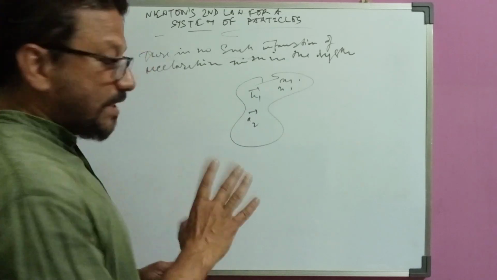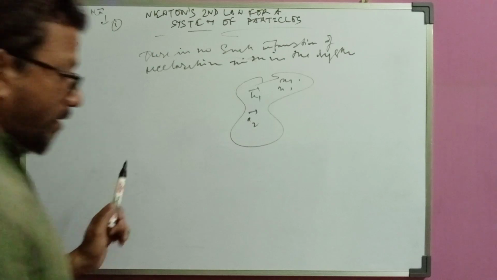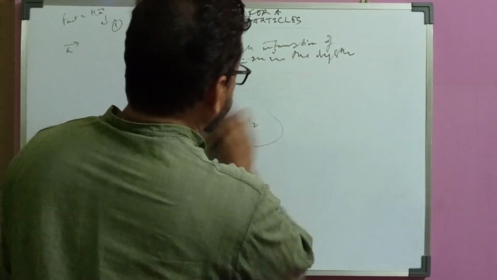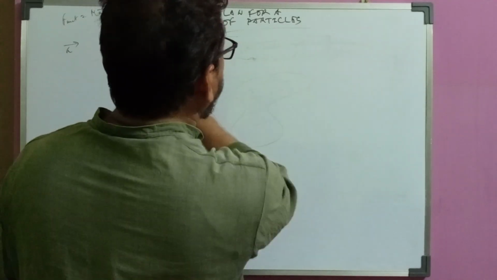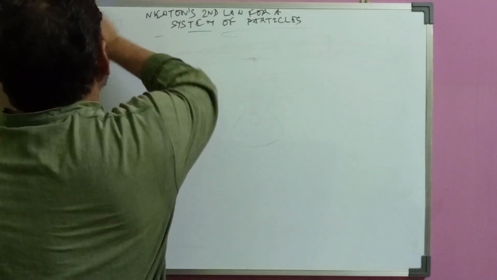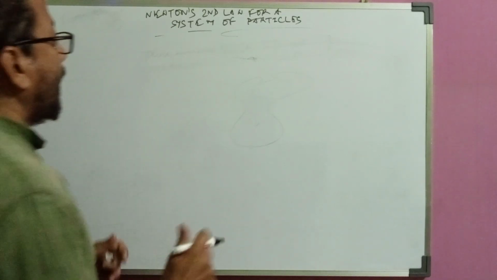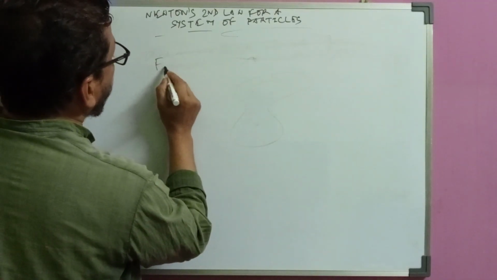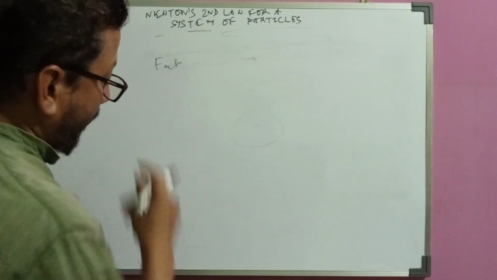It will be the total, but not the separate. Now, next, we'll do the proof. Fnet. What did we learn about Fnet first?